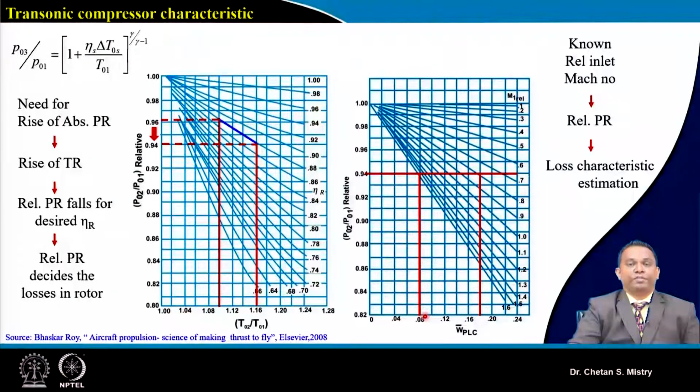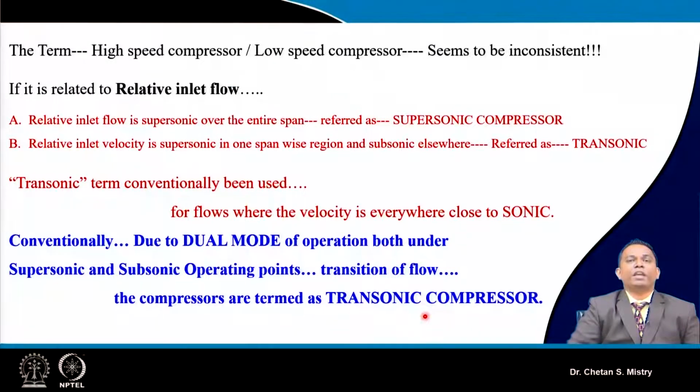Now the question that comes up is in understanding supersonic compressors and transonic compressors. The terminology people were using is high speed compressor and low speed compressor, and that is inconsistent.